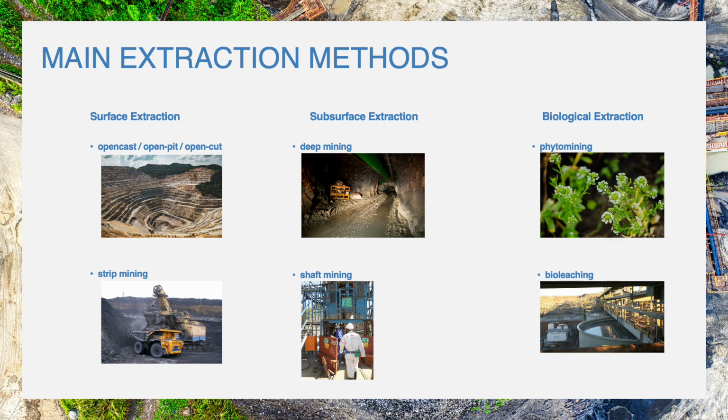The plants can then be harvested and burned, and the metal can be extracted from the ash. Bioleaching uses microorganisms such as bacteria. The bacteria help to break down the ores and release metals into a solution called the leachate. The metal can then be extracted from this solution.